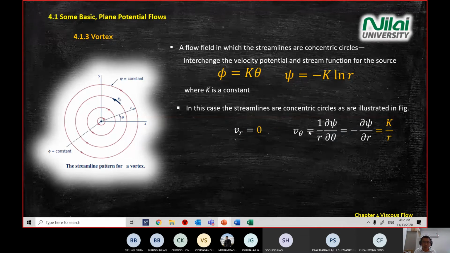So v theta equals, by definition, negative the partial derivative of the stream function with respect to r, which equals k divided by r.